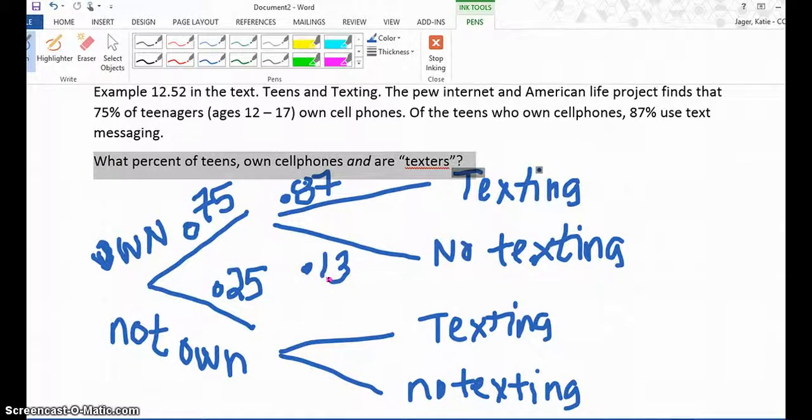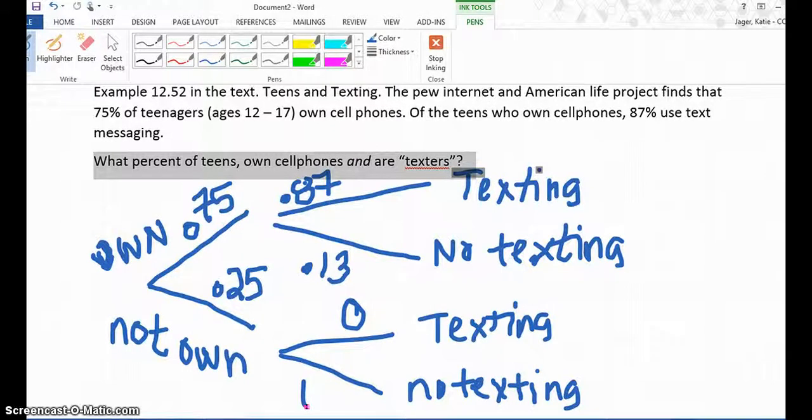Now to fill out the rest of our tree diagram, we can go down here and see that along the lines of not owning, they don't own a cell phone, then the probability of them texting would simply be 0 because they don't own a cell phone. Now the probability of not owning and not texting would then be 1.